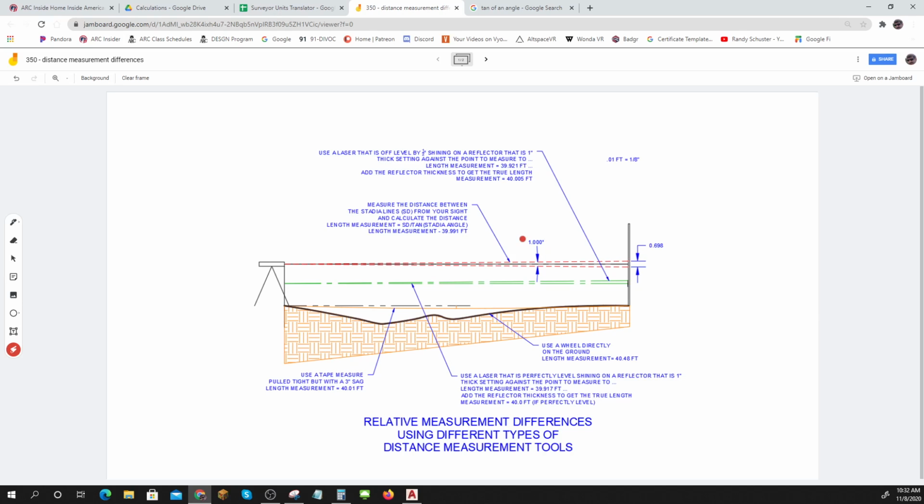As an example, you read your stadia to tell you what it is. Now, sometimes the stadia, instead of giving you the angle, gives you a factor, which is really nice, because then it's just a multiplication and you don't have to do much math. Very, very nice to do.